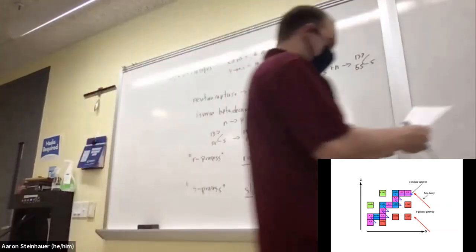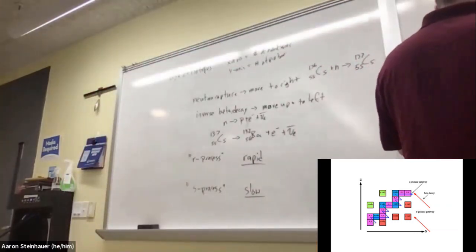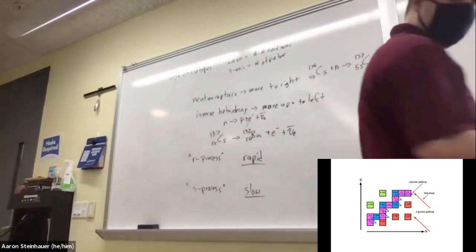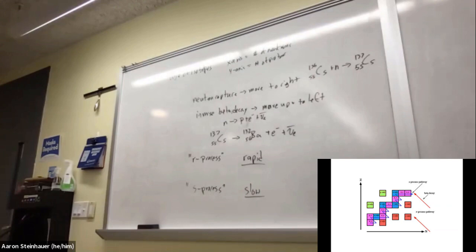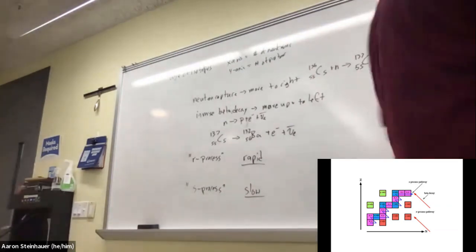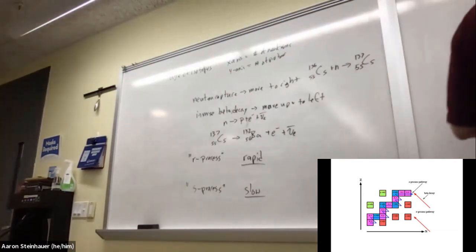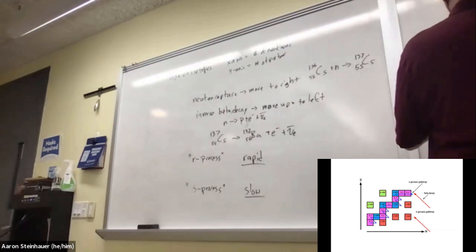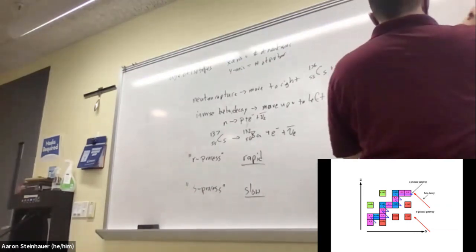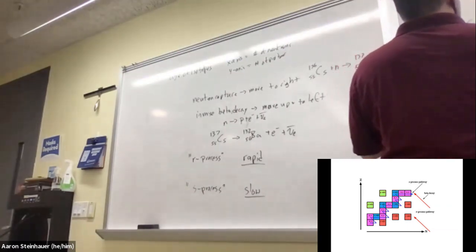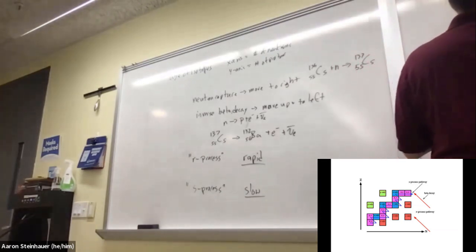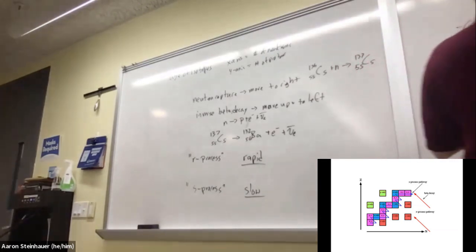Yeah, plus a positron. And so it must occur between... well, it doesn't matter. This can happen in red giants, and especially AGB stars.